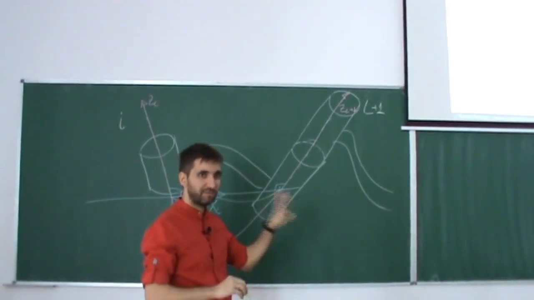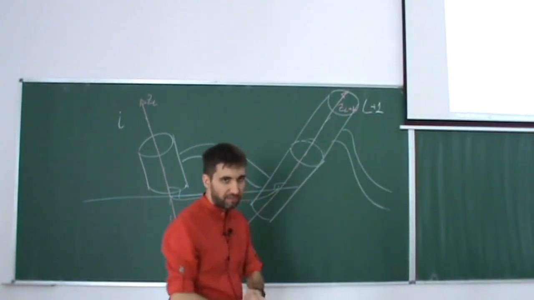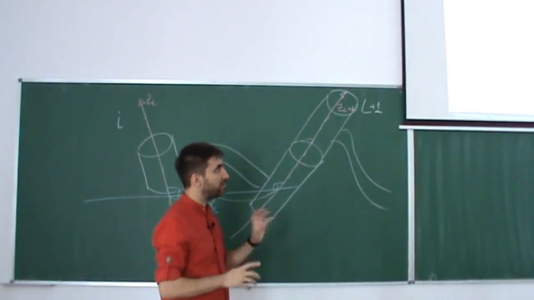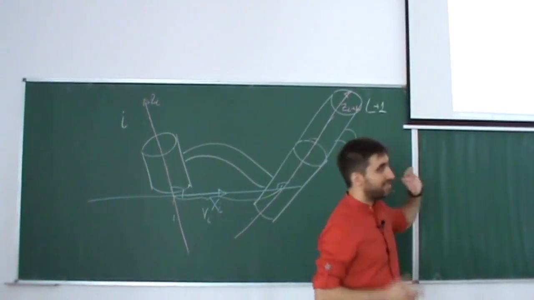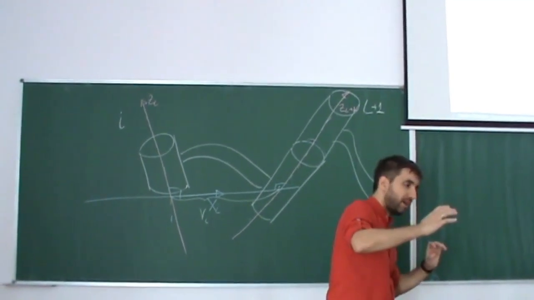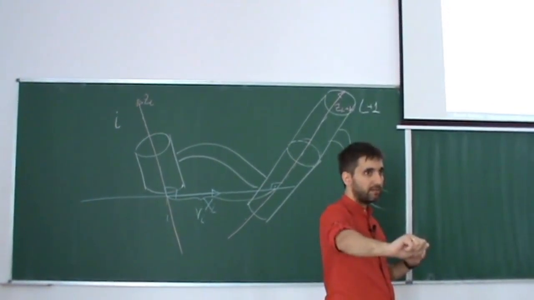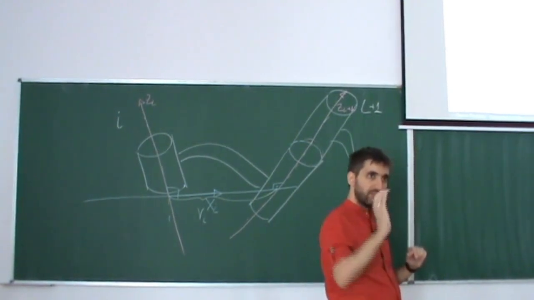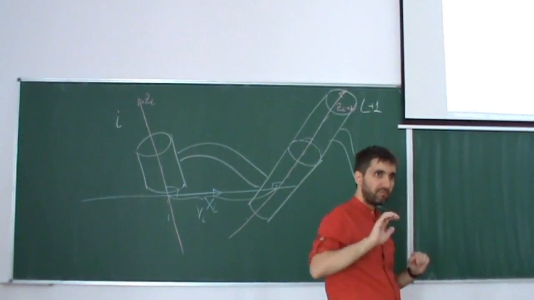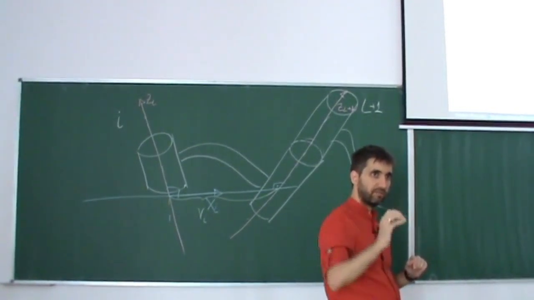We'll see more examples. Stick with me. But everything is defined by the rule of the right hand. The angle between zi plus 1, so going from zi to zi plus 1 along xi: if your xi points towards you, this rotation is negative. If the x-axis points towards me, this rotation is positive.